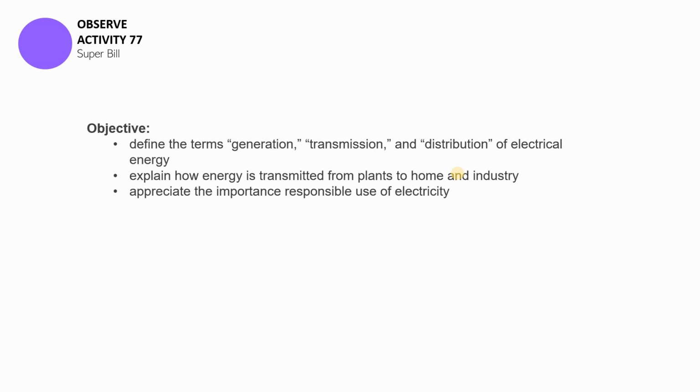The second one is for you to be capable of explaining how energy is transmitted from plants to home and industry. And the last one is for us to develop some kind of appreciation for the importance of responsible use of electricity.